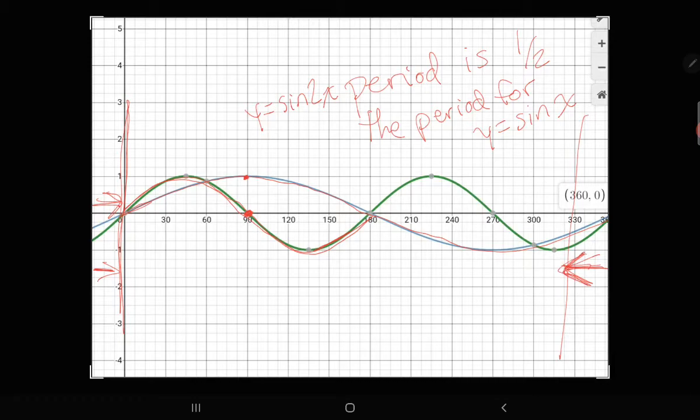It's being horizontally compressed so that the period is happening faster. Okay? So when our k value is greater than 1, what's really happening is our period is actually getting shorter, and we're horizontally compressing our base function of y equals sine x.